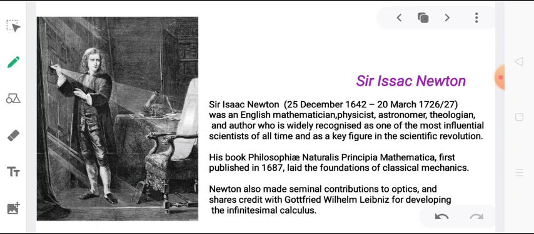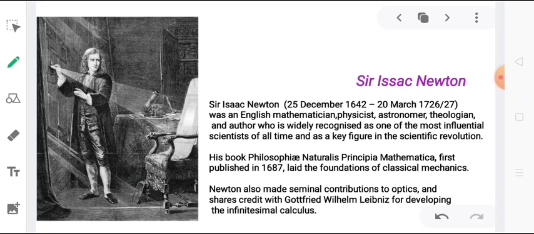His book, Philosophiae Naturalis Principia Mathematica, the Mathematical Principles of Natural Philosophy, was first published in 1687, and it laid the foundations of classical mechanics.